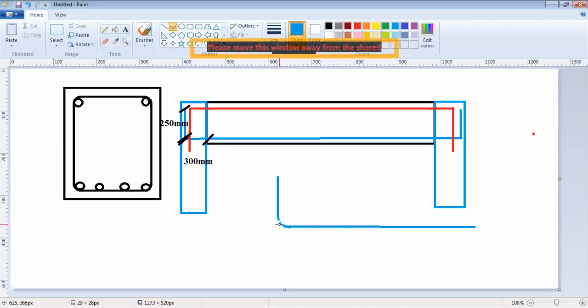So there is a portion of the bar which is in the curvature as well. When I am saying this is 250, I am taking 250 from this point up till this point.